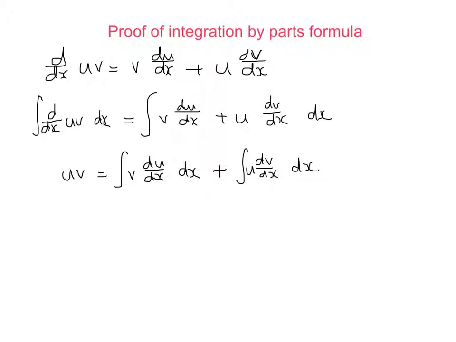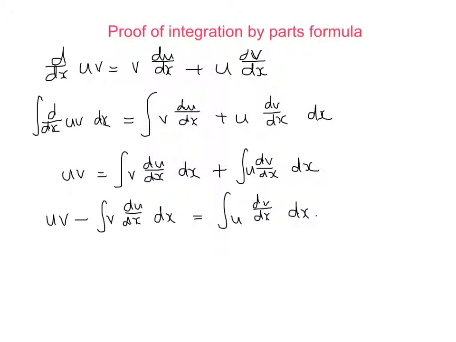Right, nearly there. Let's put this first term here on this side. uv minus integral v du by dx is equal to the integral of u dv by dx, and this is the traditional way of writing the integration by parts formula, but normally we put this on the left hand side and I don't bother with the dx, and I put this on the right hand side and don't bother with the dx, just because it's a bit lazy.